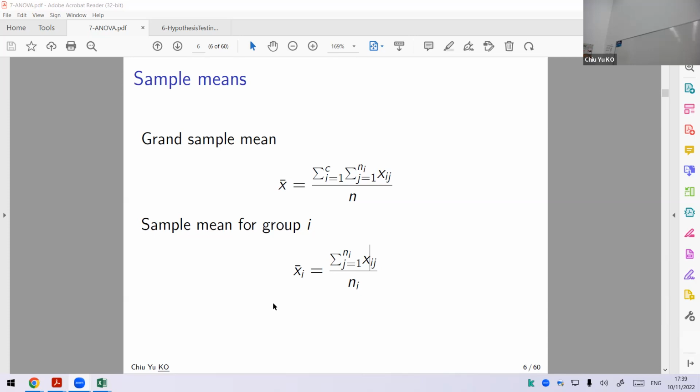This is just the critical value, but commonly there are two ways to do it.